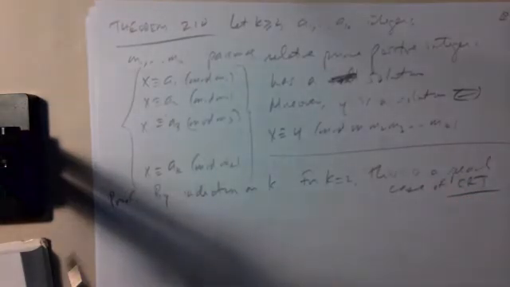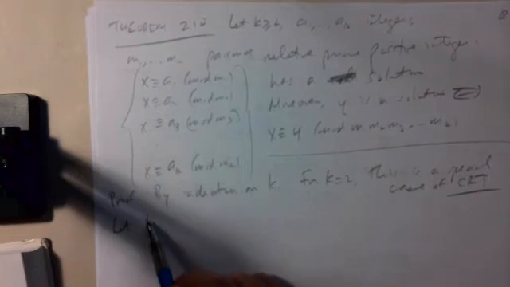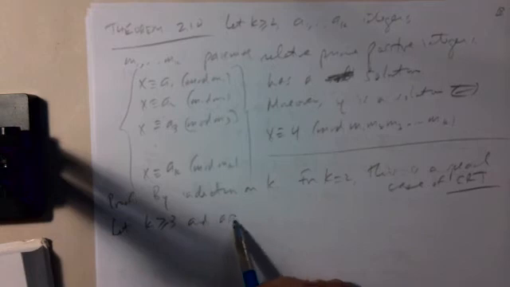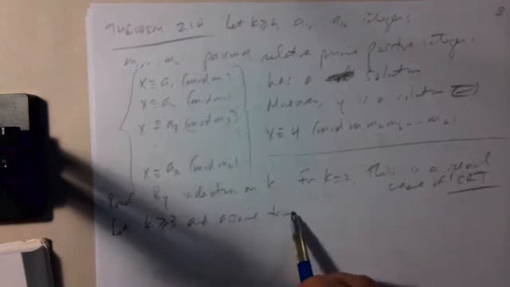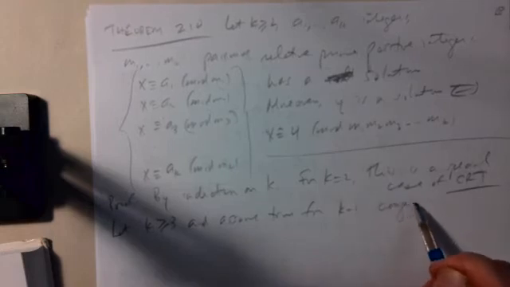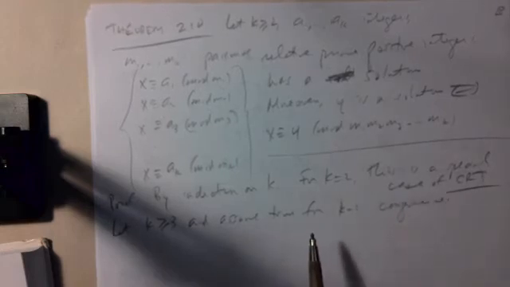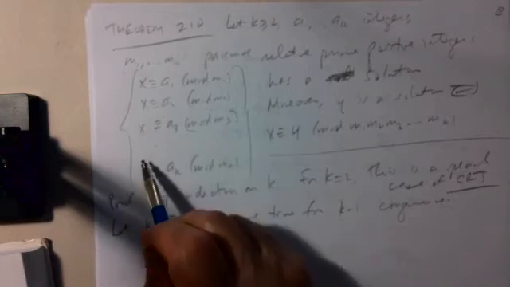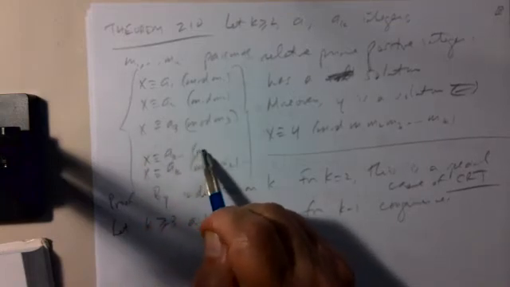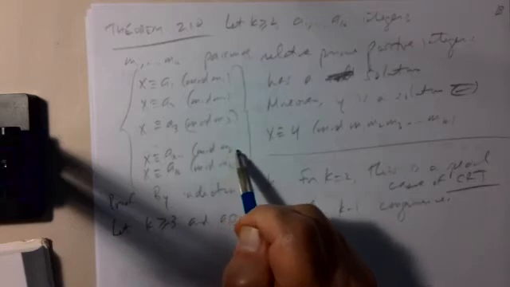So to prove this by induction, let k be any number at least 3 and assume the statement is true whenever you have k minus 1 congruences. The k minus first congruence will be x congruent to a sub k minus 1 mod m sub k minus 1.